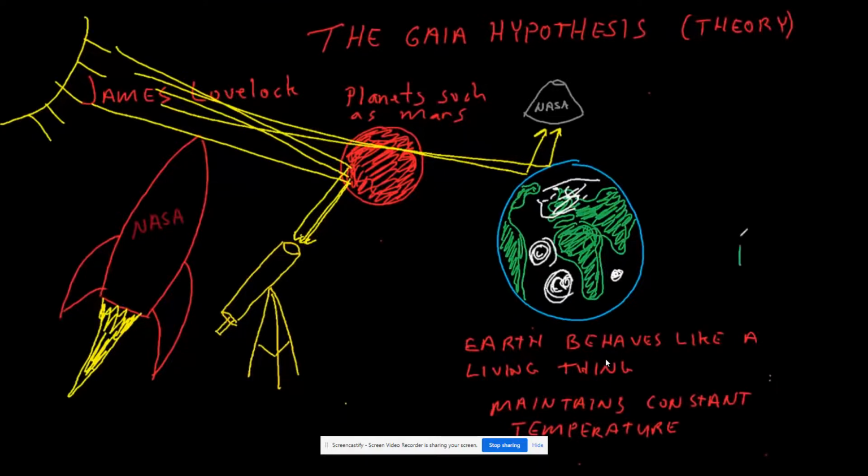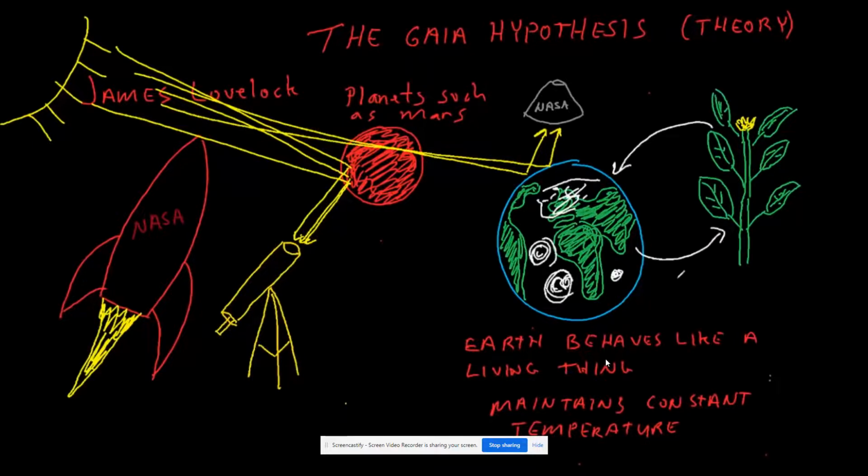He wasn't saying it was a living organism, as it isn't self-replicating, but it exhibits the same characteristics of maintaining itself and its own temperature like living things do. And he proposed that the living things and the physical Earth are in collaboration with each other.